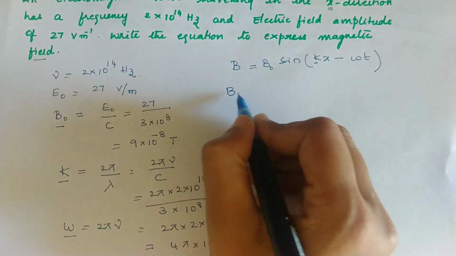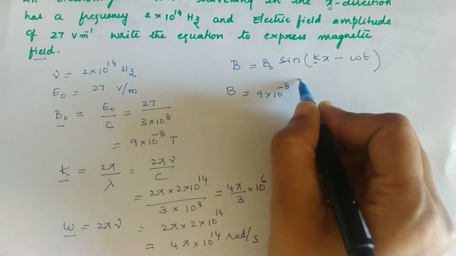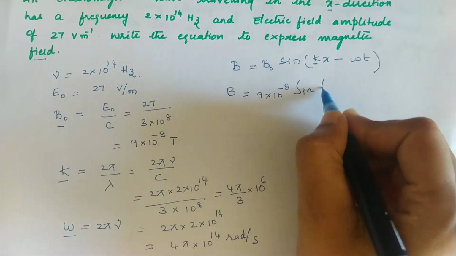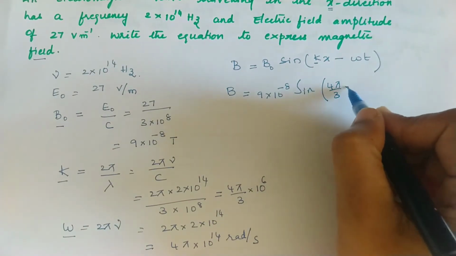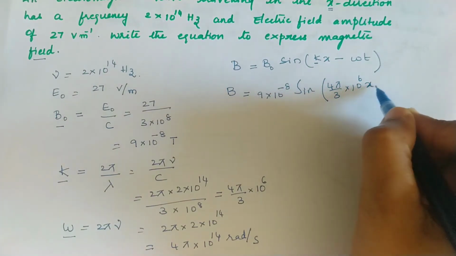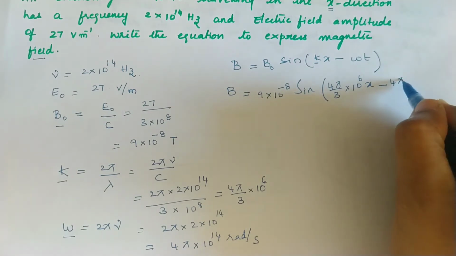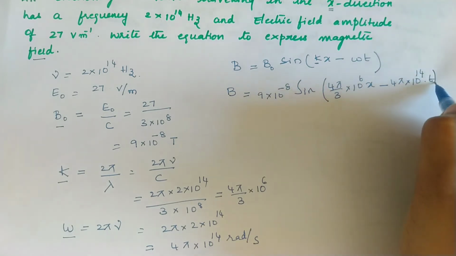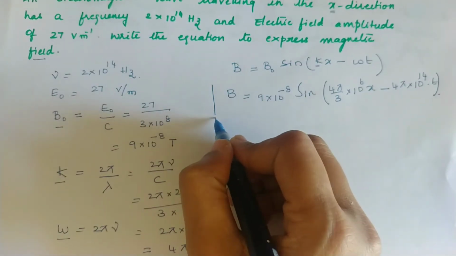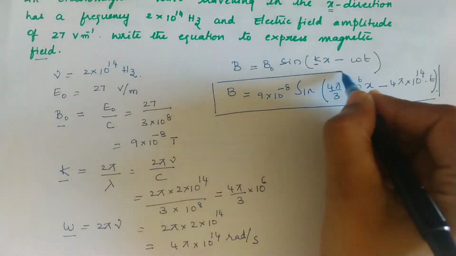So write the equation for B. B naught, 9 into 10 power minus 8 sine of kx, 4 pi by 3 into 10 to the power 6 x, minus omega into t. Omega value is 4 pi into 10 to the power 14 into small t. Okay, this gives you the equation representing magnetic field.